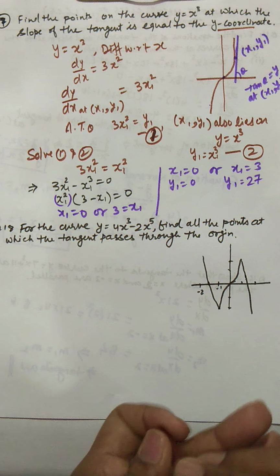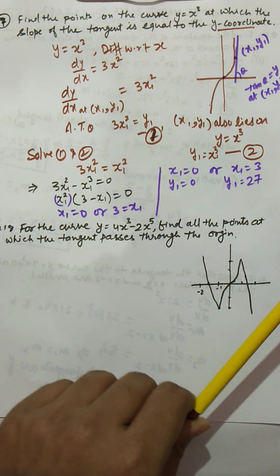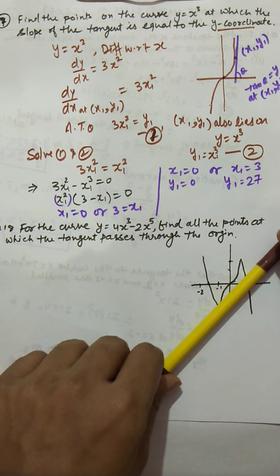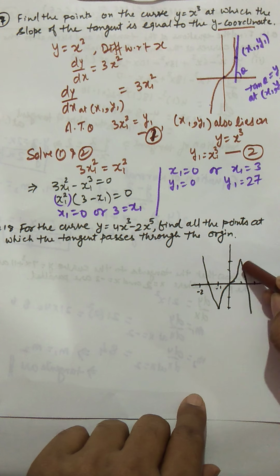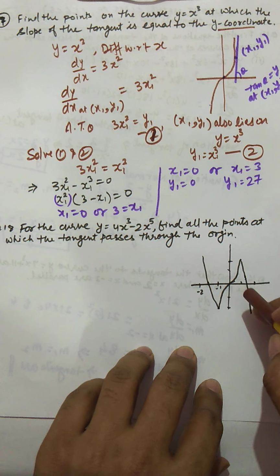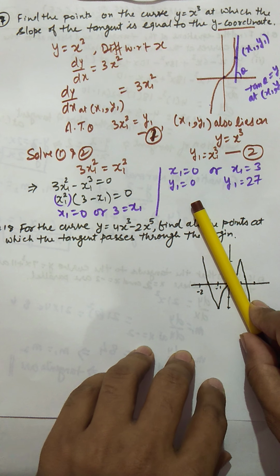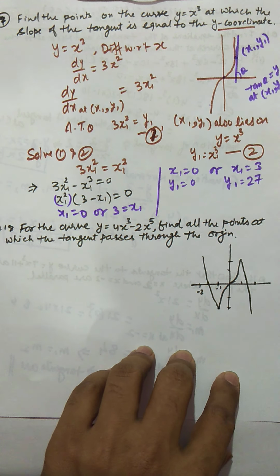Now you have to think of all the tangents which pass through the origin. It's really difficult to just see here, because if you take it like this, it's passing through the origin, and this is also on the graph.